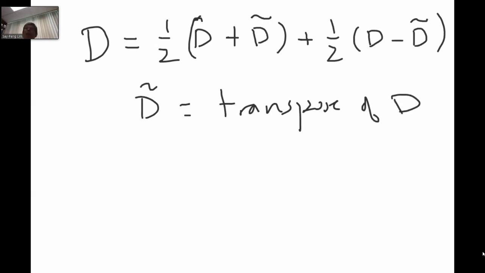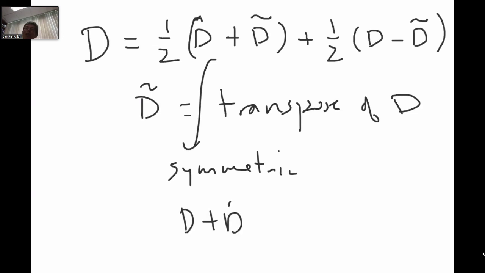And then, of course, you would see that the way it is written up now, one part of it is what we call a symmetric matrix. And that's because this is symmetric, right? Because if you take the transpose of D plus D tilde, it goes to D tilde plus D, which is itself.